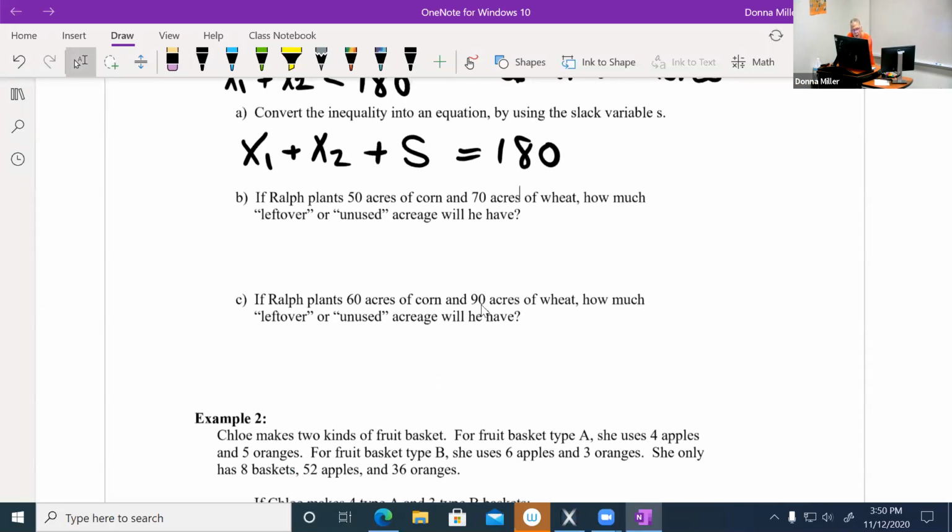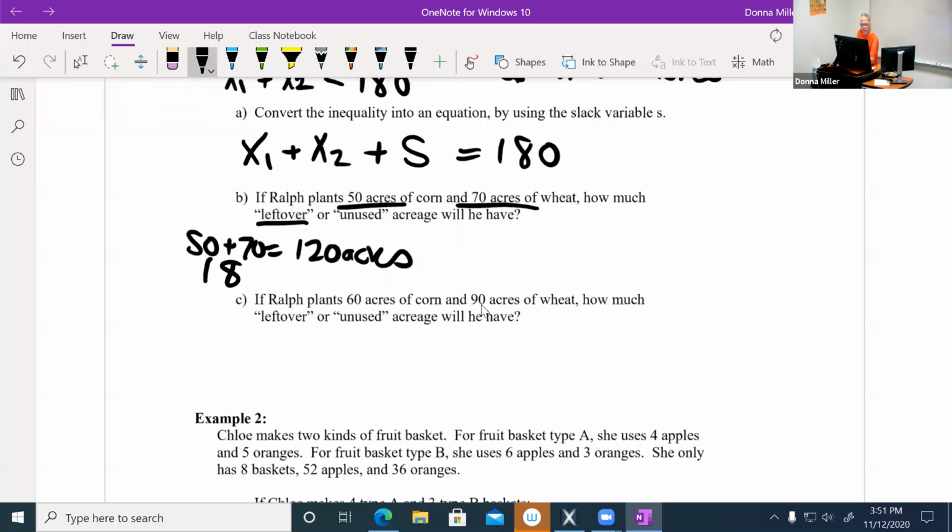All right. So this problem is more common sense, then we'll get into something that I really want to show you. All right, so 50 acres of corn, 70 acres of wheat, how much leftover will we have? So this is really common sense. If I plant 50 acres of corn and 70 acres of wheat, I planted a total of 120 acres, right? But I had 180 available, so what's left over?